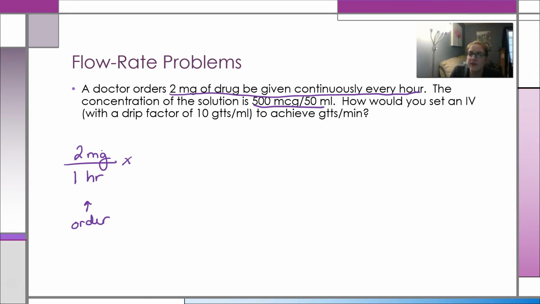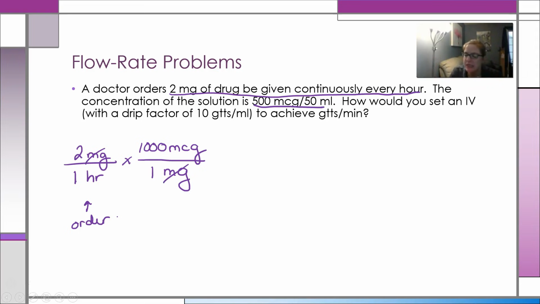Well, right now we have milligrams on top, but we're working with micrograms. So we need to convert 1 milligram to 1,000 micrograms. Okay, cancel those units, get rid of them.